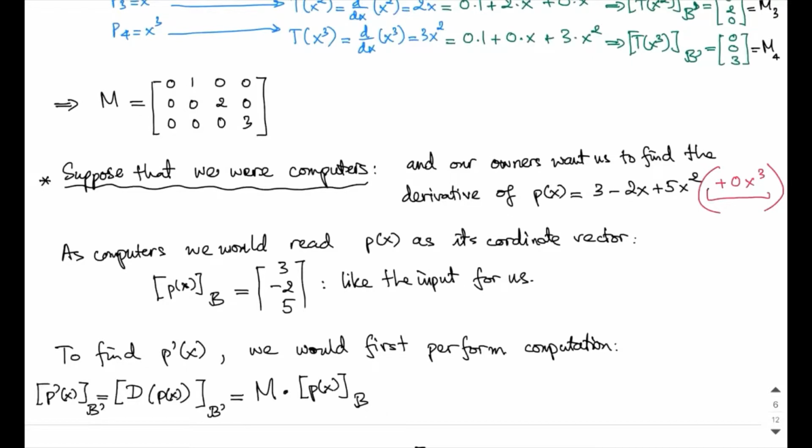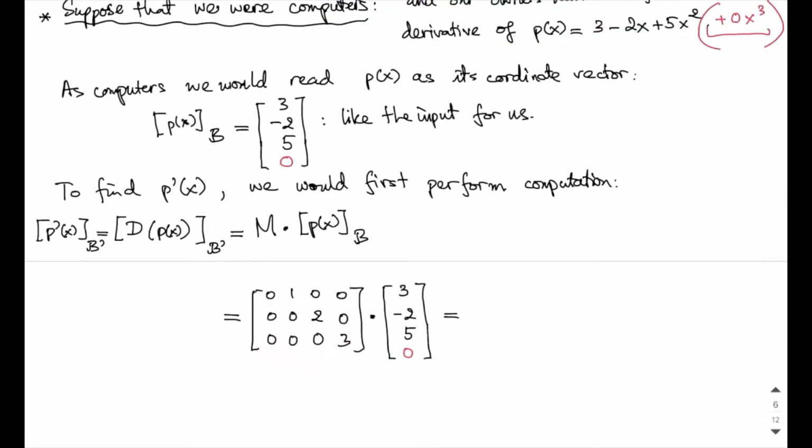And so what we miss in the coordinate here is 0. So what we are going to get is the following coordinate vectors: negative 2, and then 10, and then 0. And this is going to be like the output.